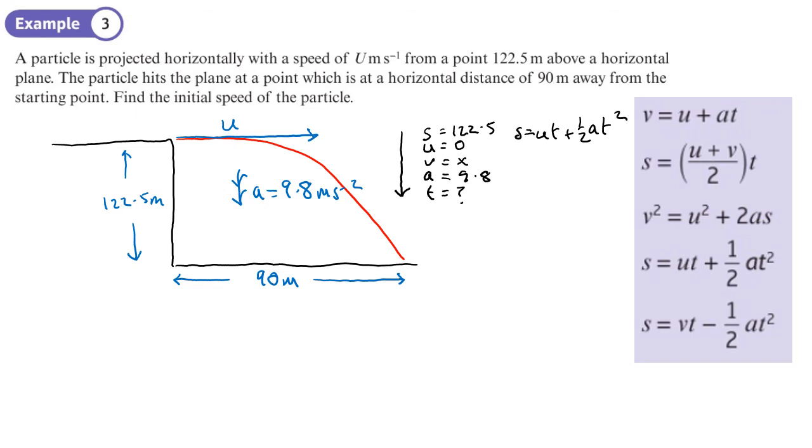Now, I would always write down the equation you're going to use before you substitute in. Don't just substitute the numbers in. Write the equation down to show the examiner, right, I know which equation I'm going to use. So even if you make some mistakes, you may get some credit for that. So 122.5, we just substitute in now. Then we've got 0 times t plus half times 9.8 times t squared.